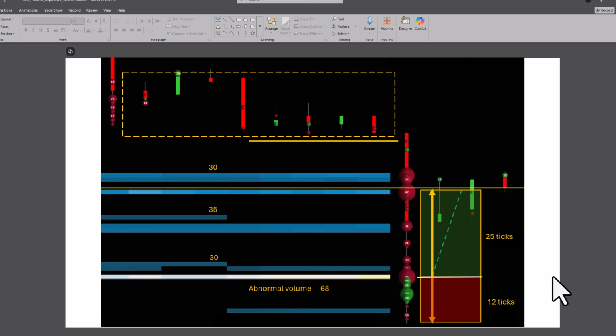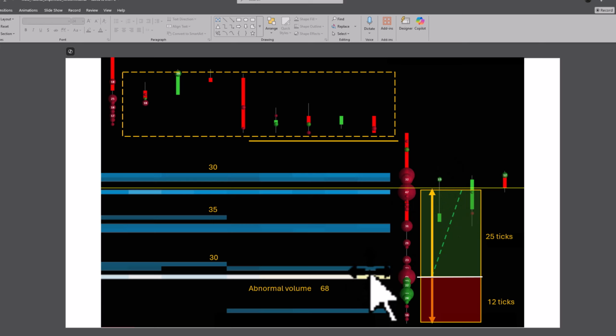Here's a situation of what actually happens. The price came out from over here, fearsomely, strongly, and then made 12 ticks, false break, and then bounced 25 ticks up. Now, what you can do, you can be a little bit smarter than me and put your long right below this volume.